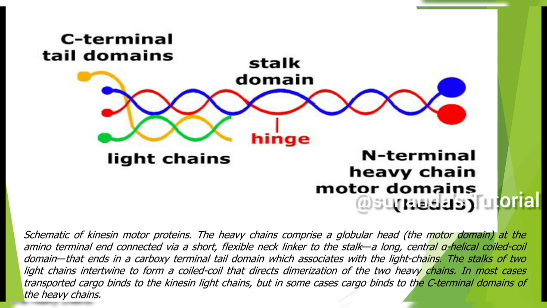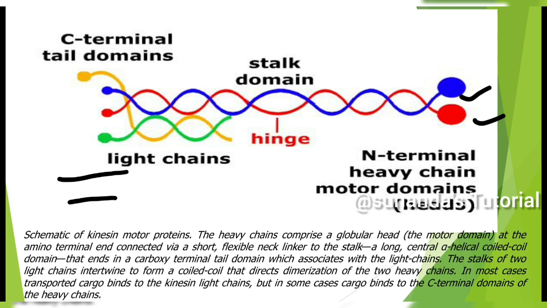The heavy chain comprises a globular head or motor domain at the amino terminal end, connected via a short flexible neck linker to the stalk, a long central alpha helical coiled coil domain that ends in a carboxy terminal tail domain which associates with the light chain.